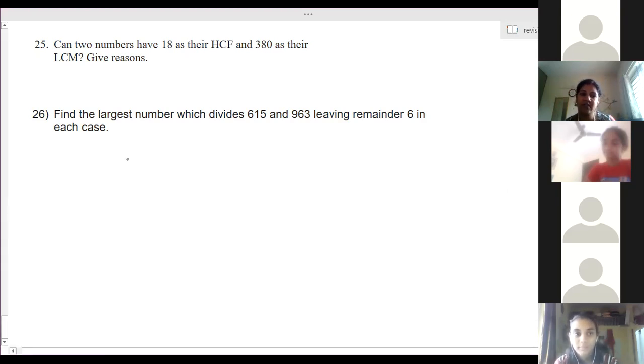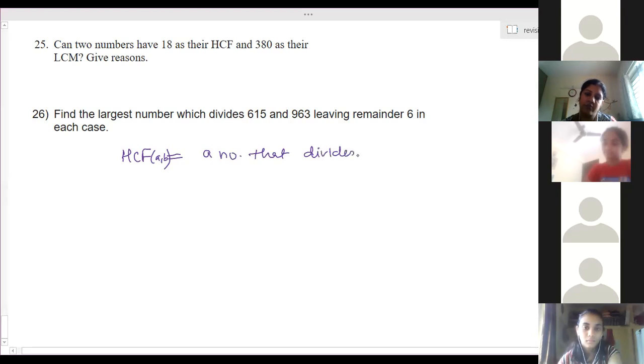So HCF of A and B means a number that divides both numbers, and HCF is always smaller than A or B. Clear?